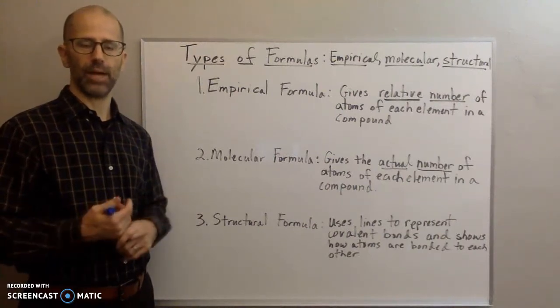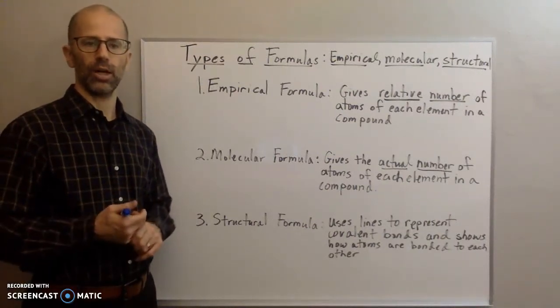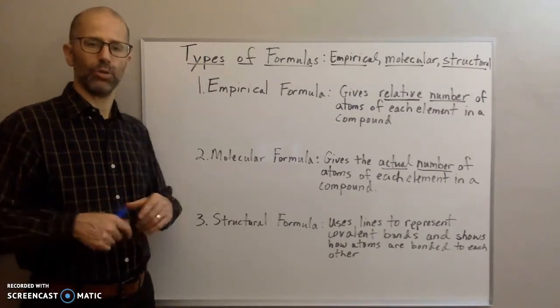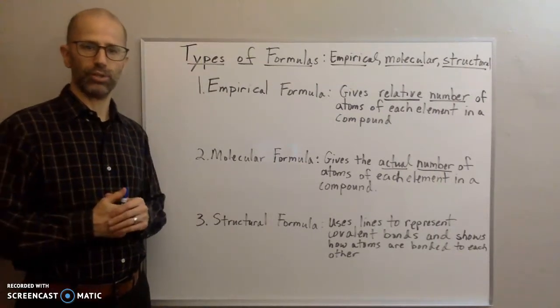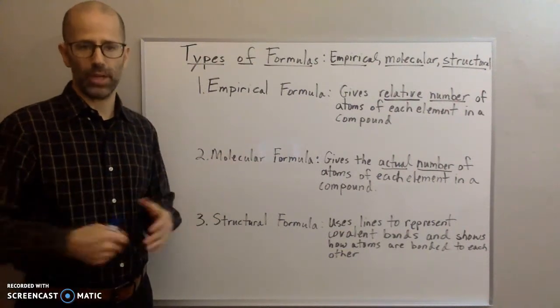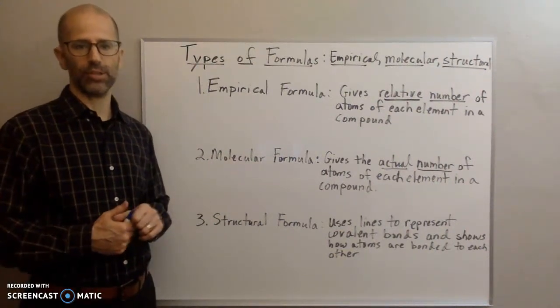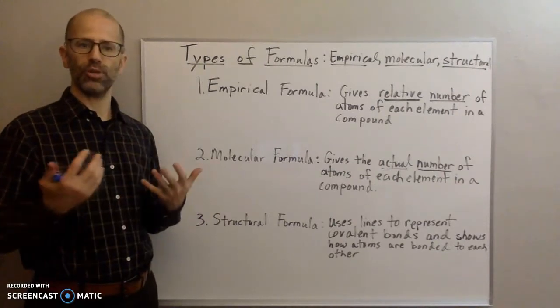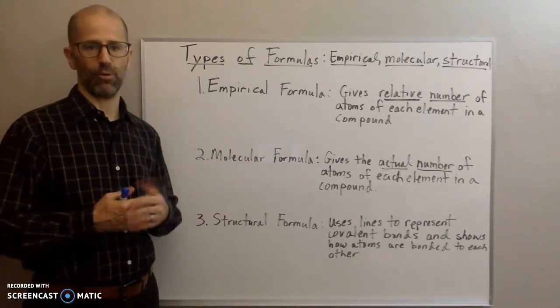So if it's a compound, a molecule, or an ionic substance, you have to write a formula that's going to show what atoms are involved and how many of those atoms are involved, right? So there are a few different ways of writing that formula.